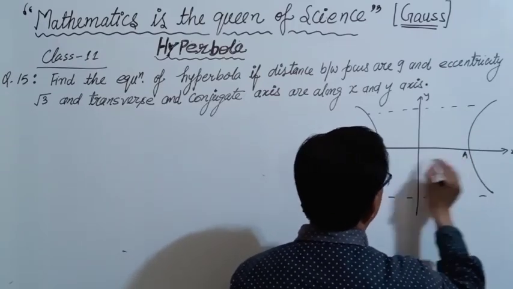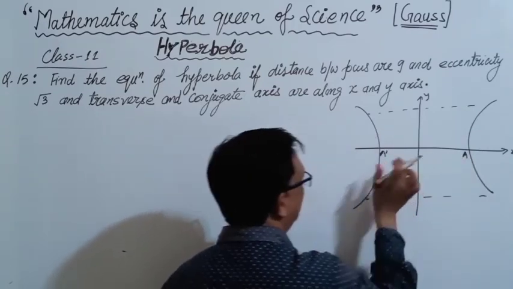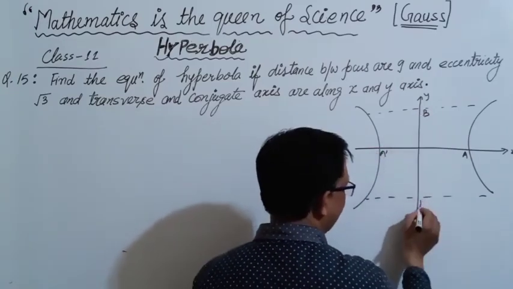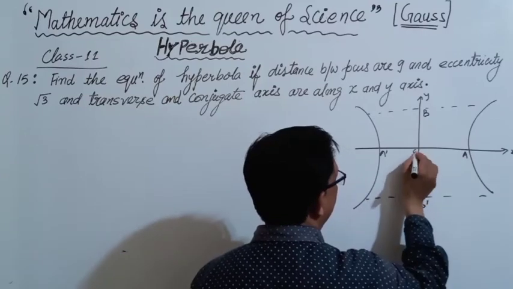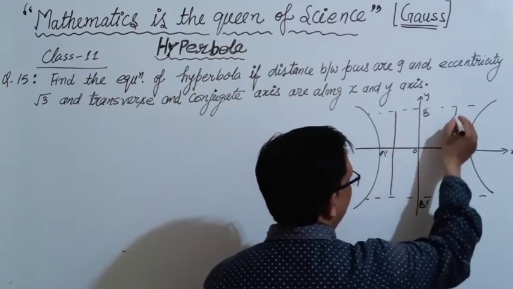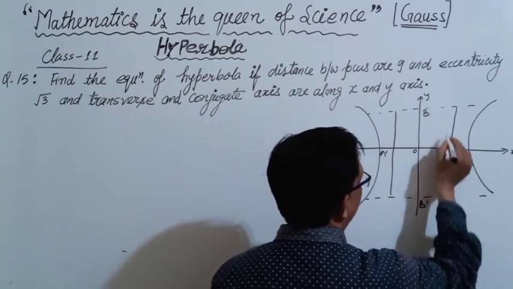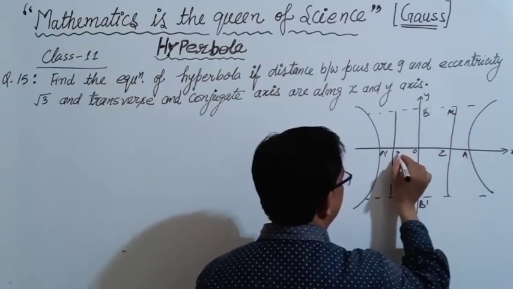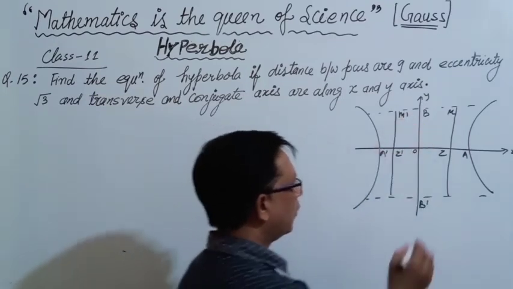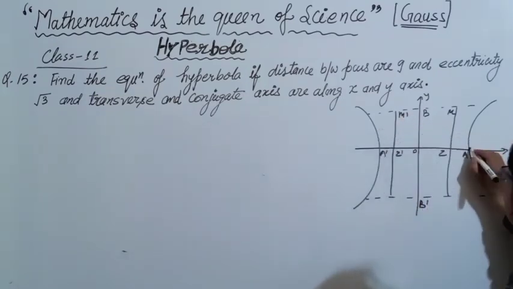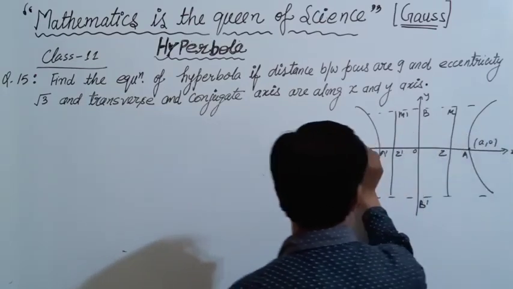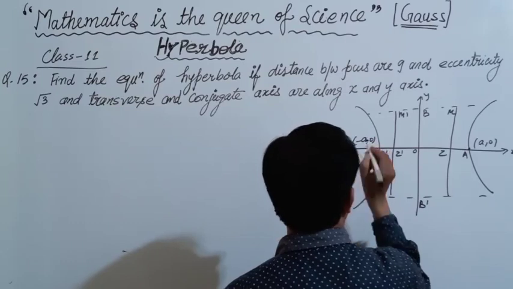Here A and A dash is the length of the transverse axis and B and B dash is the length of the conjugate axis. So the coordinate of point A is (a, 0) and the coordinate of A dash is (minus a, 0).